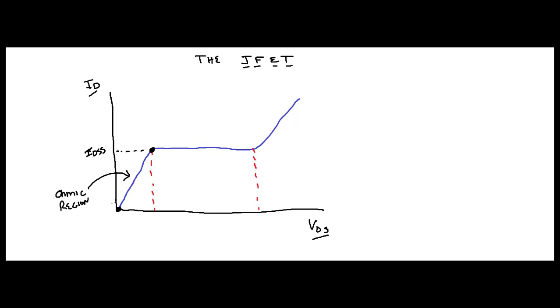And you can tell because your current changes with your voltage. It makes sense, right? It doesn't flatten out. Now, it flattens out at this point, right? Between here and here, right? This is termed your active region.